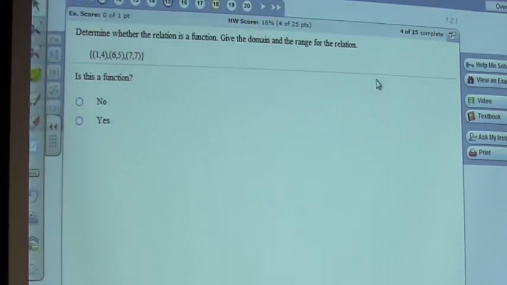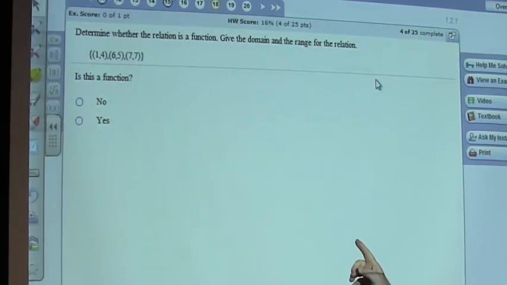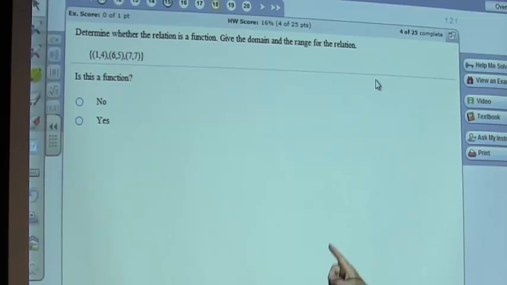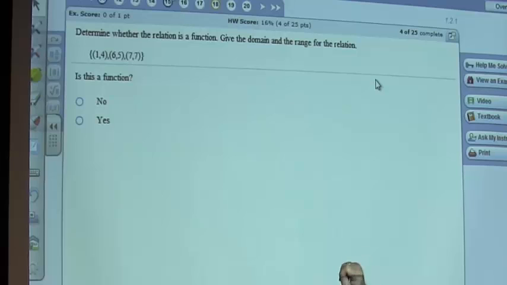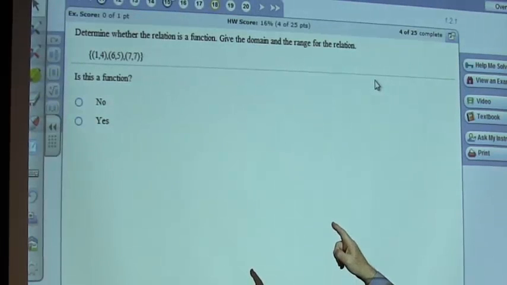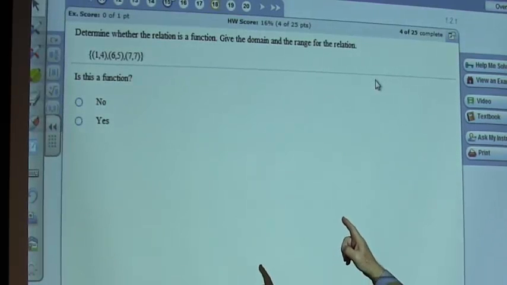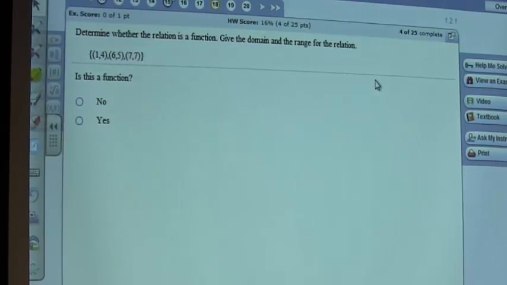But further than that, a function says that for each x value, there's only one y value. So as I'm looking at pairs of numbers, remember the first number is the x, and the second number is the y. So the 1 and the 4, the 1 is an x, the 4 is a y. In the second pair, the 6 is an x, the 5 is a y. In the third pair, the 7 is an x, and it relates to a 7 on the y.